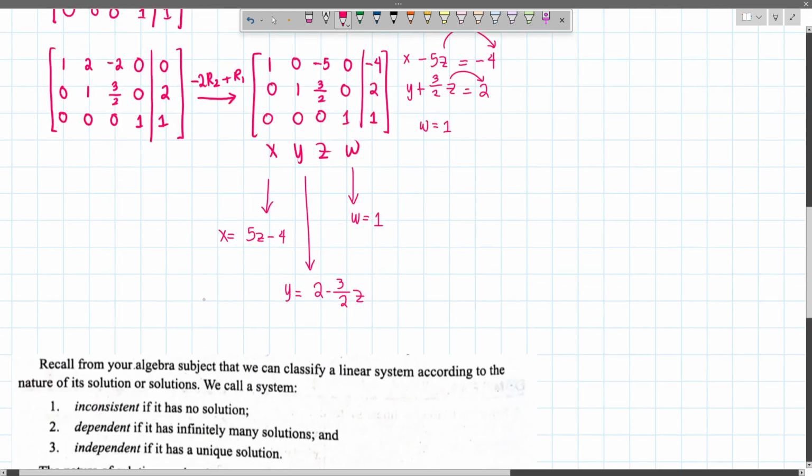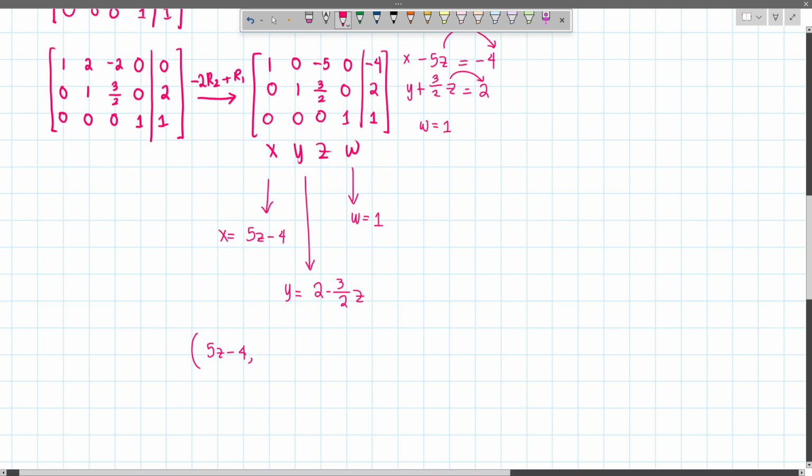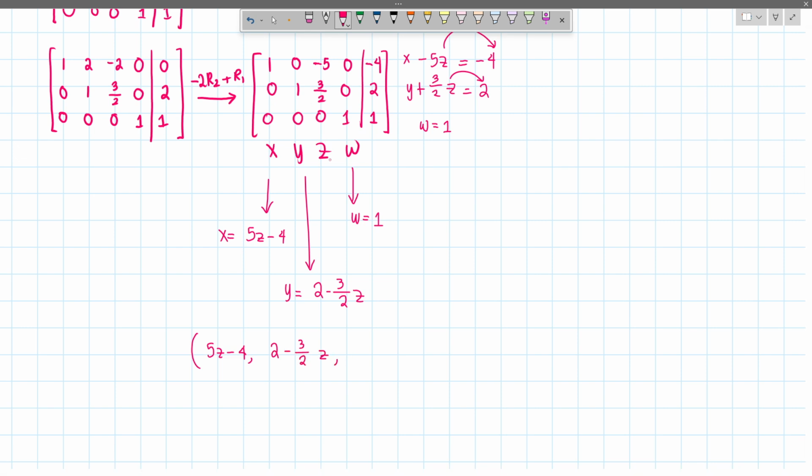So to write our final answer, the solution set is where x is 5z minus 4, and y is 2 minus 3/2 z, and z is z.